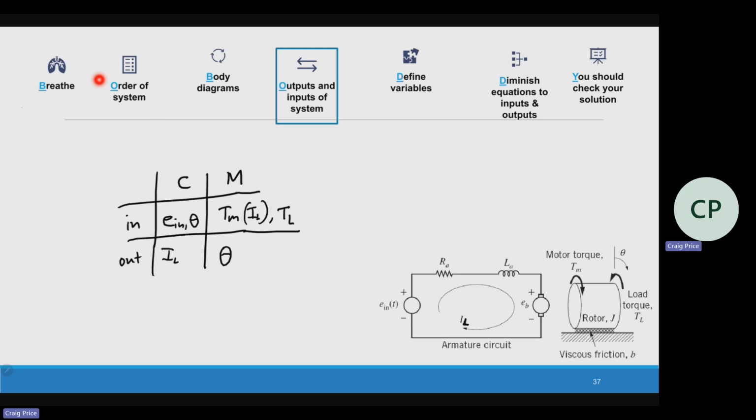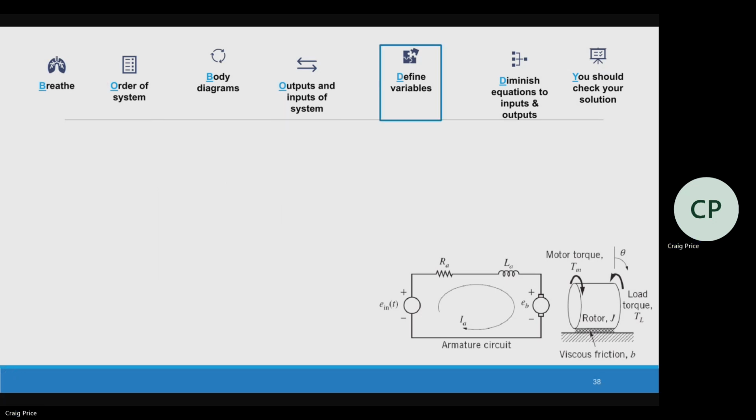Okay. Next up, definitions. So we can look at the circuit side. We can look at the mechanical side. And for the circuit, we've got our typical Ohm's law.